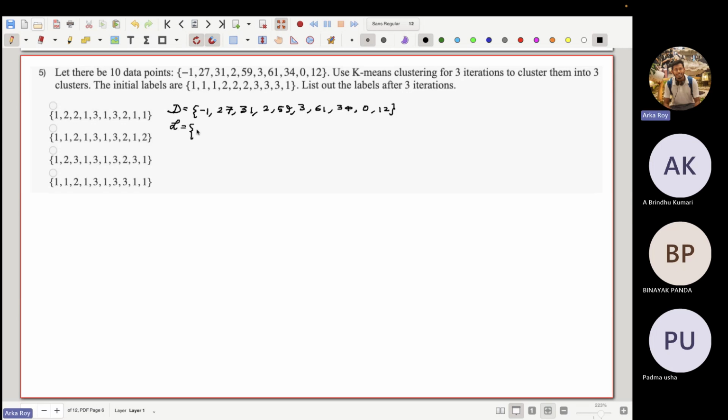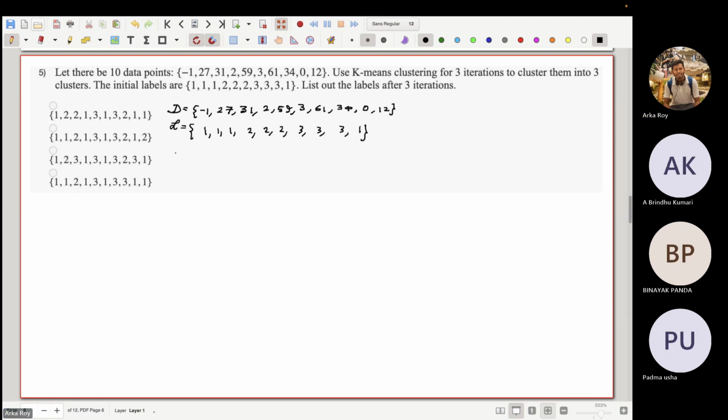in the first instance are 1, 1, 1, 2, 2, 2, 3, 3, 3, 1.